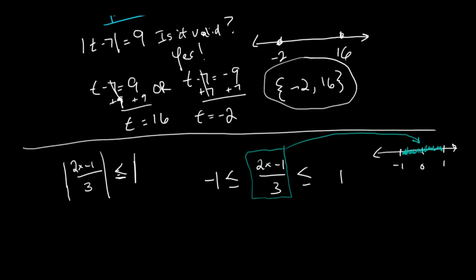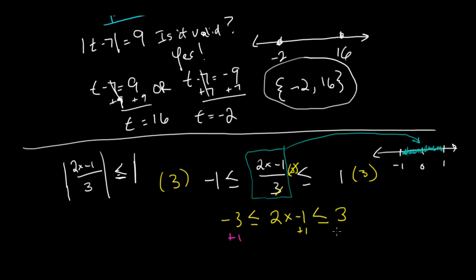So let's work backwards and start by multiplying all sides of the inequality by 3. 3 times negative 1 is negative 3, is less than or equal to 2x minus 1, less than or equal to 3 times 1 is 3. Now we can add 1 to all sides to maintain our balance.